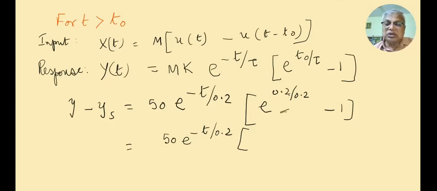So this term is e power 0.2 by 0.2, which is e power 1. E minus 1 is 1.72. So if you simplify this, it becomes 1.72 into 50, which is 85.9.